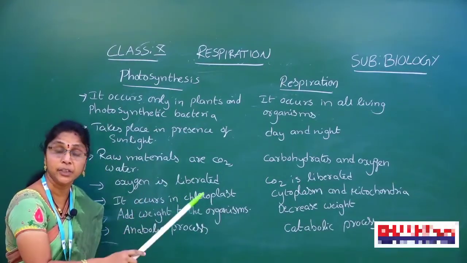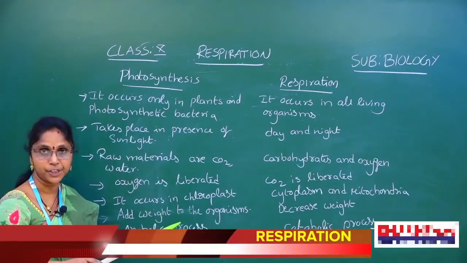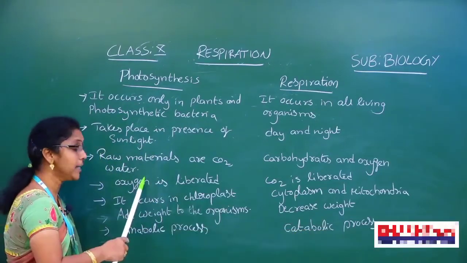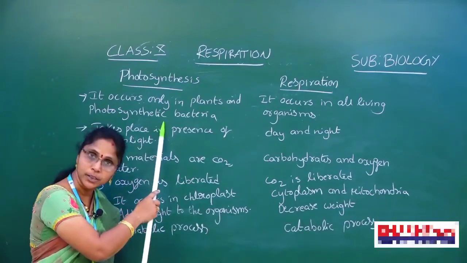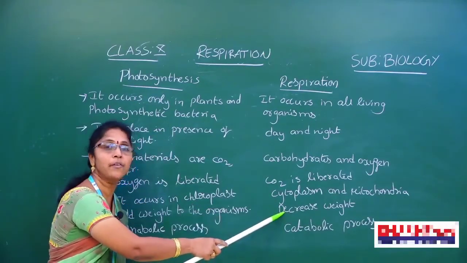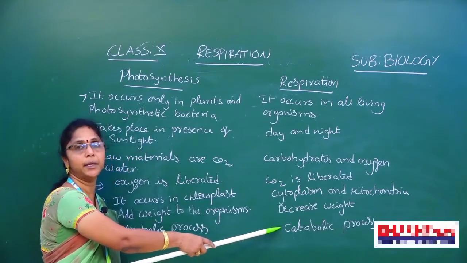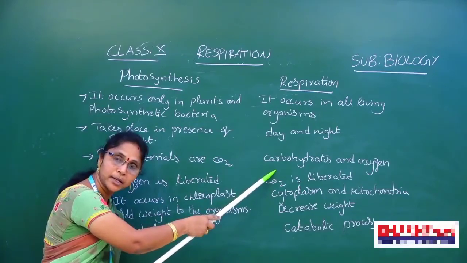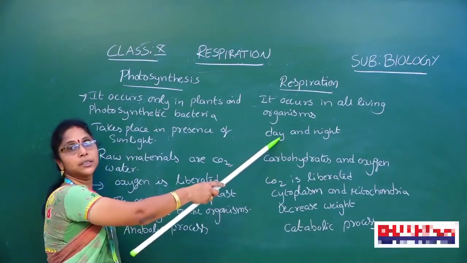ADP is converted into ATP, that is called phosphorylation. In the presence of light, we call it photophosphorylation, which occurs in photosynthesis. In the presence of oxygen, ADP is converted into ATP, that is called oxidative phosphorylation. It occurs in the respiration process.